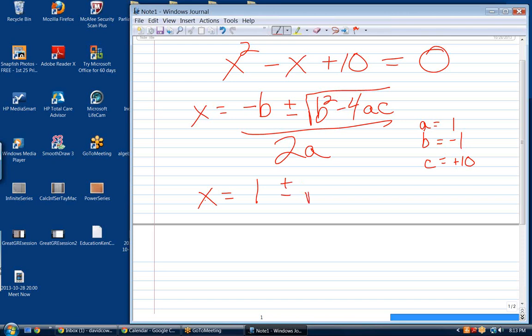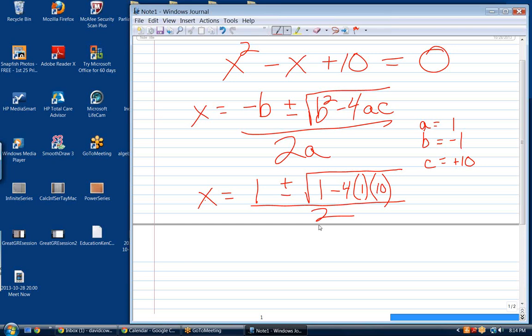Plus or minus the square root of b squared, which would be 1, minus 4 times 1 times 10, all divided by 2. So there's our two solutions, but let's simplify them.